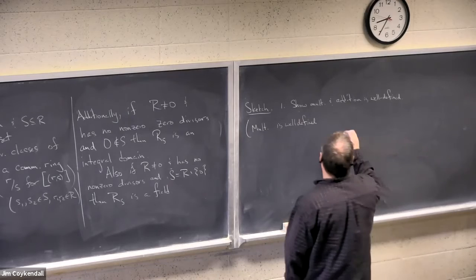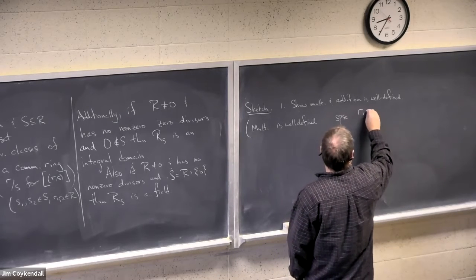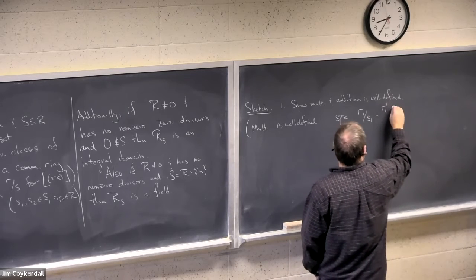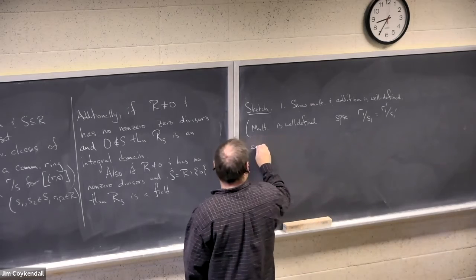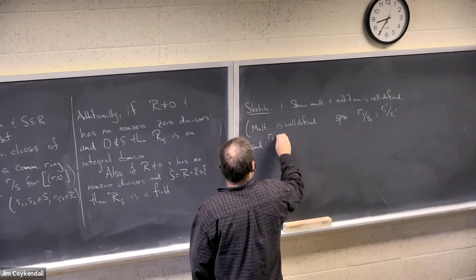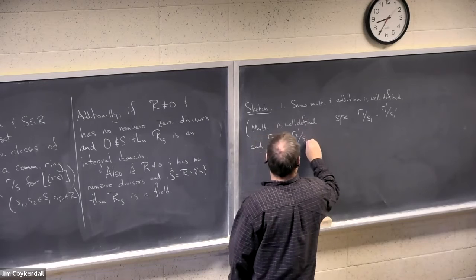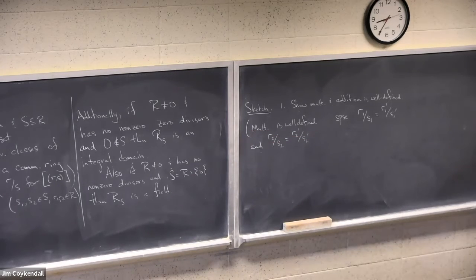Suppose r1 over s1 is r1 prime over s1 prime, and r2 over s2 is r2 prime over s2 prime. That is to say, those things are represented as the same equivalence classes, right?